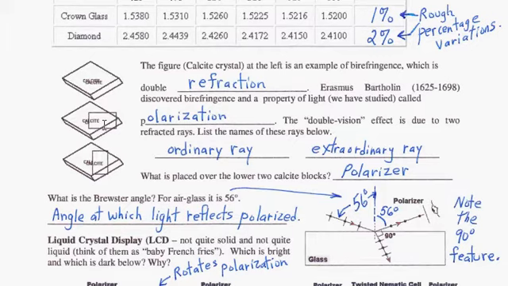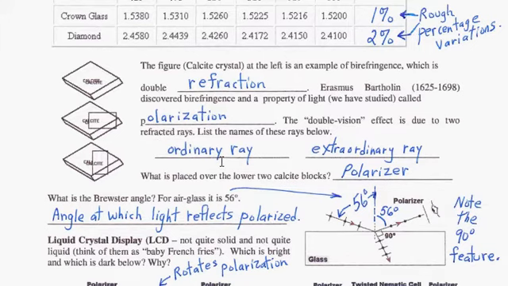So here, if you take a polarizer and have this, you have this double vision. In other words, what's happening here is you put the book underneath the crystal, and then the light comes from the book up to us, and because of the double refraction, you get double vision. And if you take the polarizer and rotate it, you can get one killed and see just one instead of the other, and that demonstrates that's a polarization effect.